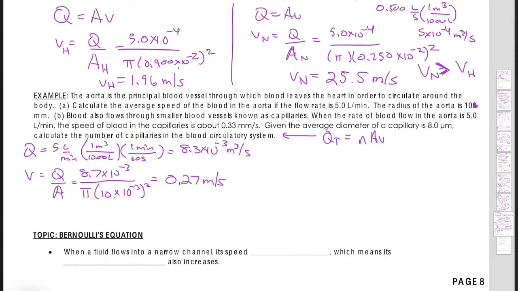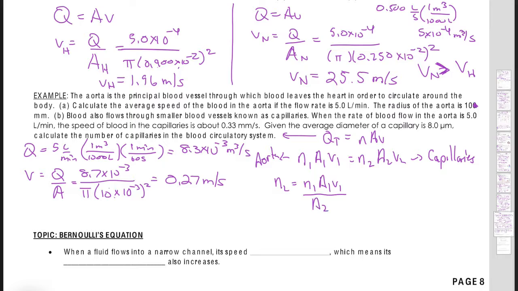Now we're going to use that same equation: N1 A1 V1 equals N2 A2 V2, where 1 is the aorta and 2 is the capillaries. Here's the thing, you only have one aorta, and so we're going to solve this for N2. N2 equals N1 A1 V1 over A2 V2.